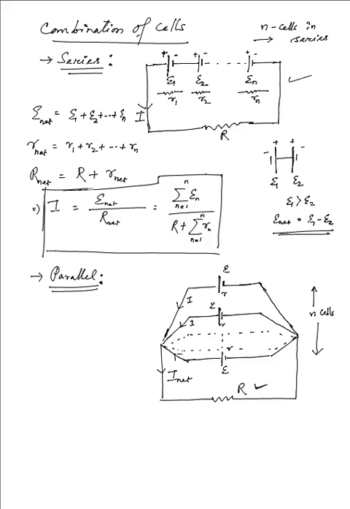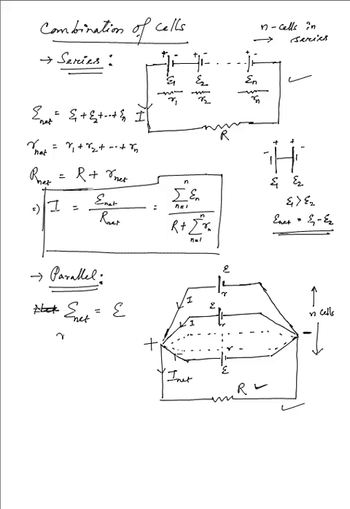In case of parallel combination of cells, because it is a parallel combination, the net EMF in each case is E. So we have the same potential difference across the positive and the negative end of each wire, as well as for the external circuit, that is E that we have provided for each cell considered.